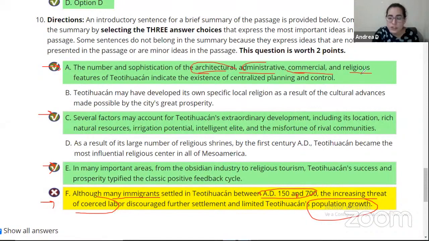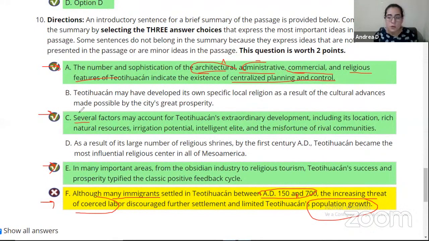It's focusing on all of them, different features of Teotihuacan, which indicate the existence of centralized planning and control, which means it was a very powerful, very organized city. That's a general thing to say. It's not specific at all. It's mentioning all of these factors, and how the city was organized. That's it.